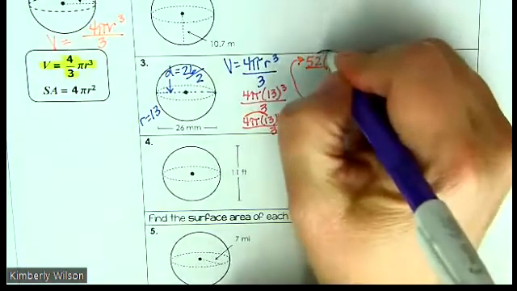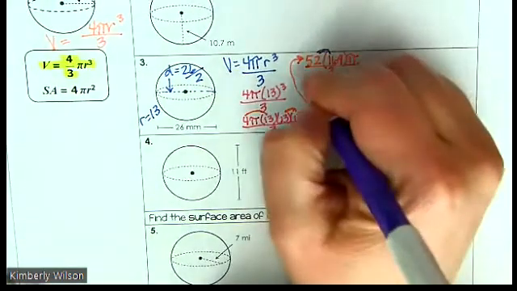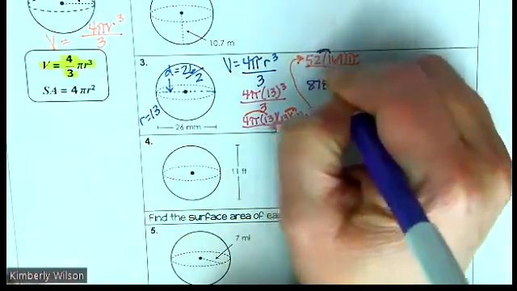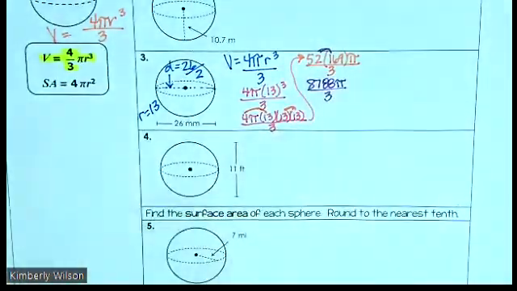Now I multiply these two, so we get 8788 pi, all divided by 3. I'm going to see, is this divisible by 3? No. So I have to plug in the 3.14.